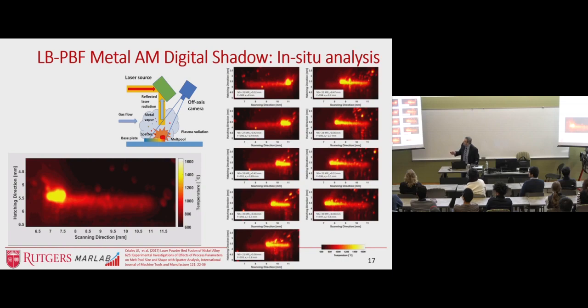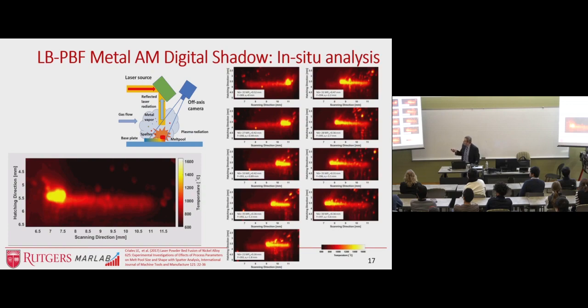dynamically, record that. And essentially what we're looking at here is that, as I mentioned to you, this is a heat energy laser. When it interacts with the powder, it generates a lot of radiation, convection, and conduction. The radiation can be picked up by the sensors, including reflected laser radiation, and then we can actually see the temperature differences.